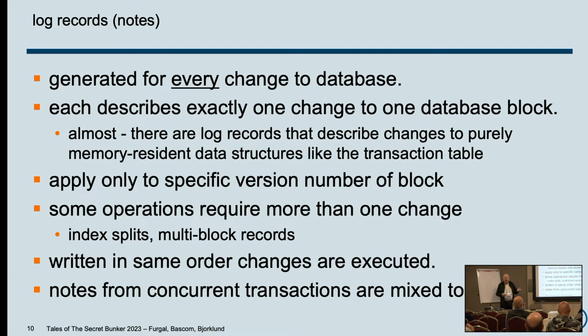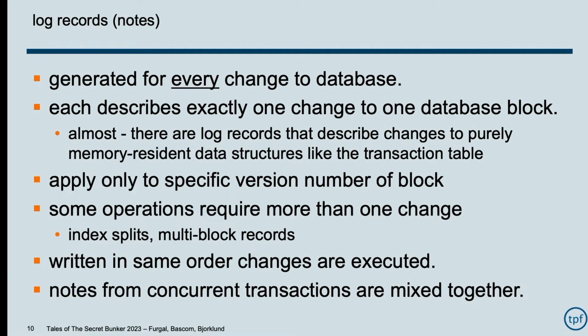For example, you split an index block because the spot where you want to put the key is full. That causes 3 blocks to get updated. So there's 3 physical database changes for one logical change when you're creating a new index entry. If you don't need to split an index block, then the creation of an index entry only affects 1 block.